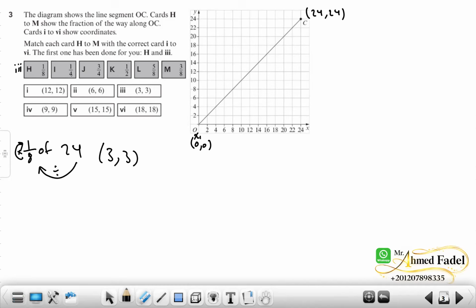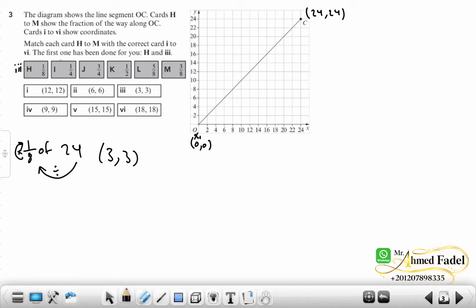1/4 of the line means 1/4 of 24, which is 6, plus x1, which is 0. Adding x1 or y1 is not going to make a difference because they are zeros. So 1/4 of 24 is just 6.